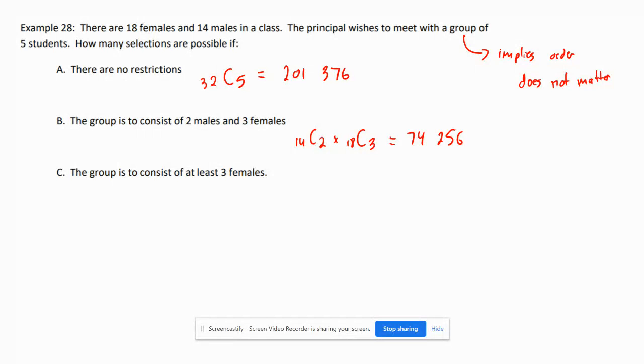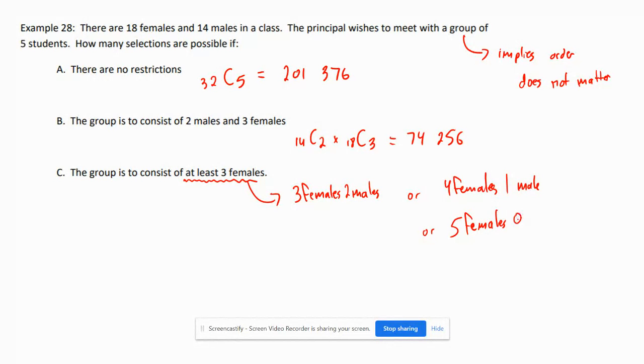Okay, the group is to consist of at least 3 females. Now, we need to be careful. What does at least 3 females mean? It could mean 3 females and that would mean 2 males, or 4 females and 1 male, or 5 females and 0 males.